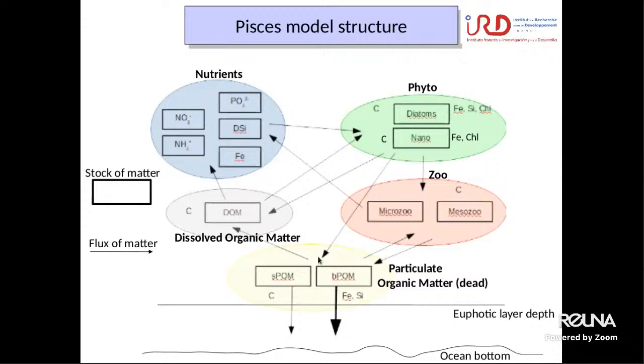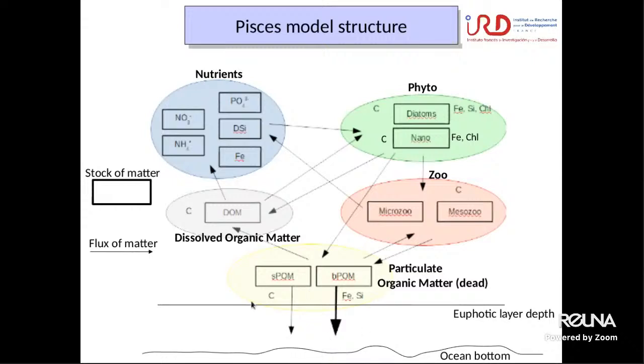Then this particulate organic matter, as I said previously, because it is big, can feel gravity, so it can sink out of the euphotic layer. That's why you have these arrows going downward. It can remineralize in the water column, but it can also reach the bottom and maybe be incorporated into the sediment if we use a version which has a sediment model, which is not the case at the moment.